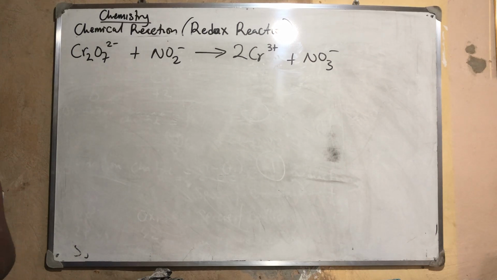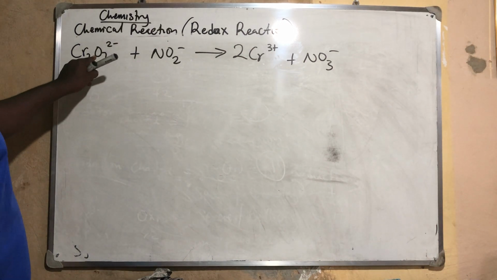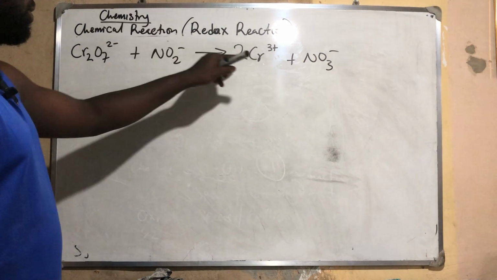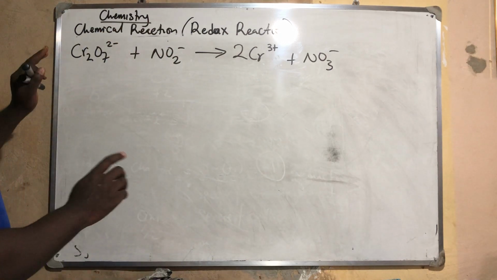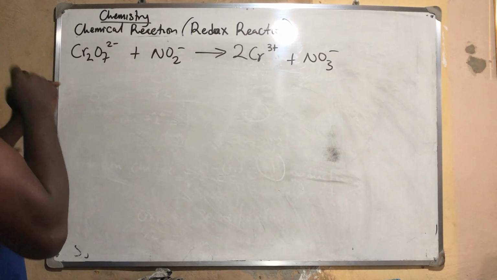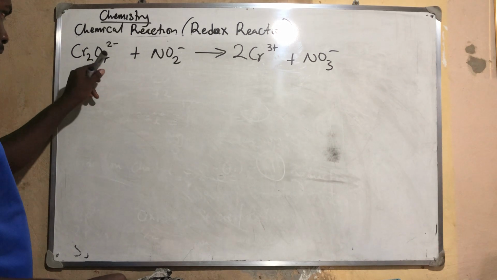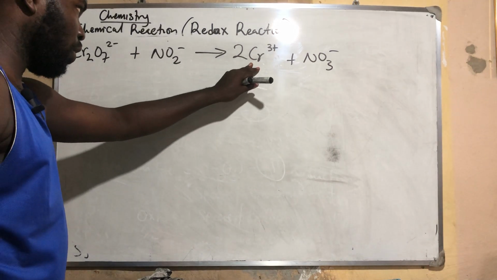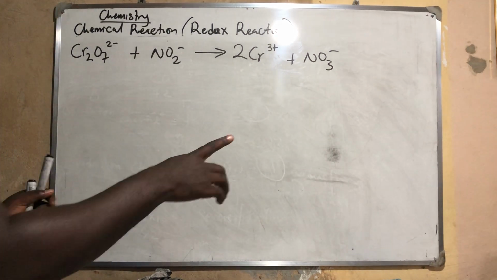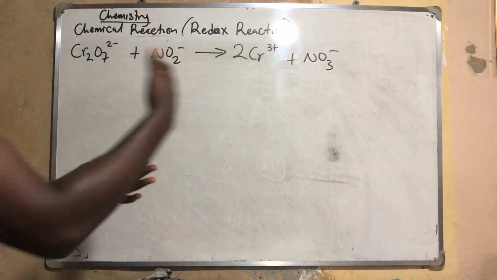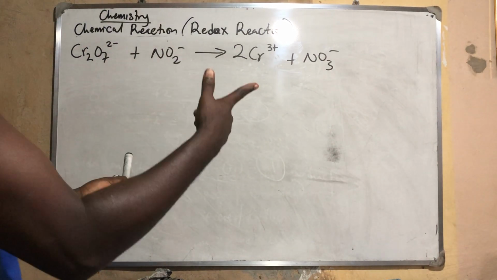I'm seeing that this one lost oxygen. Even without calculating anything, this one lost oxygen. It has oxygen here, and here there is no oxygen. Oxidation is gain of oxygen, so loss of oxygen is reduction.